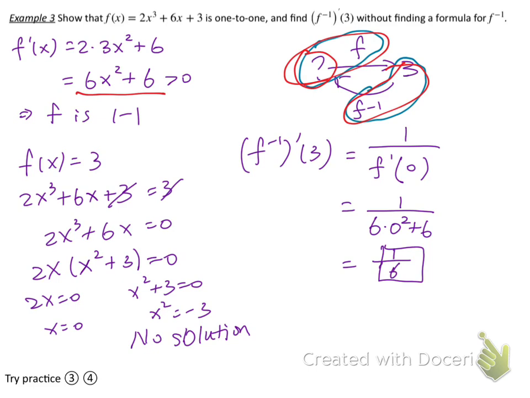Okay, so here, first, I'm showing the function is 1 to 1 so that it has an inverse. To show a function is 1 to 1, especially seeing that you are going to find the derivative of the inverse function, hopefully the derivative is positive everywhere or negative everywhere. Find its derivative and see if it's positive or negative, but you need to show it.